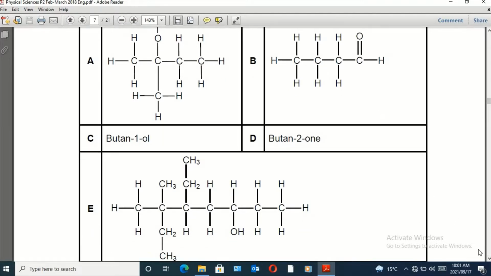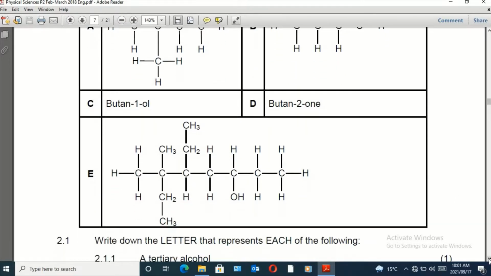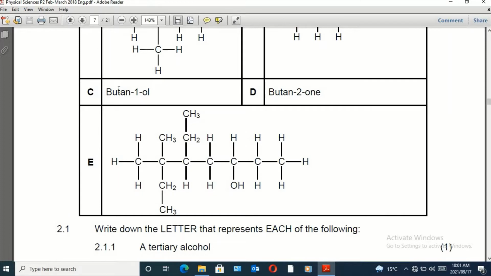And then let us move on. We have compound C. Compound C is an alcohol. How do we know that? In this instance, they didn't give us the structural formula. They've just written the name down for us, and we can see there at the end we have that -ol suffix, which is characteristic of how you would normally write the IUPAC names of alcohols.